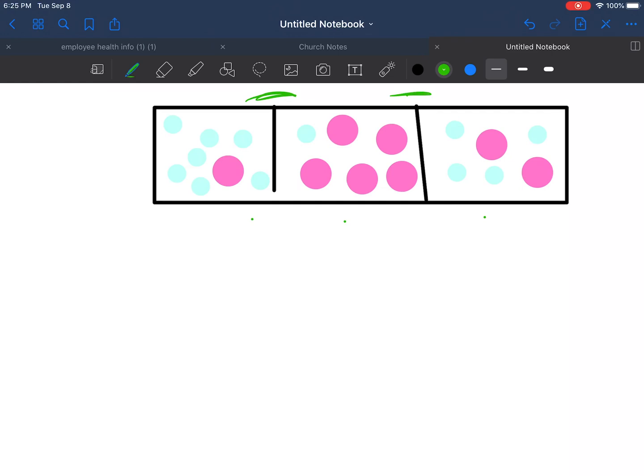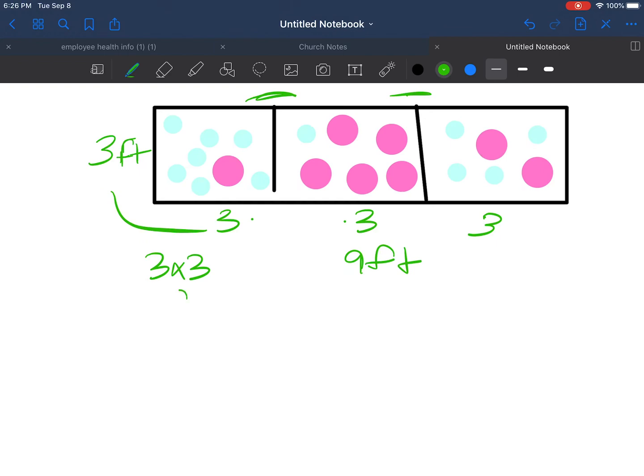Okay. So again, you're going to be counting things and say, this is 3 feet. Okay. We're going to use 3 feet. And this is 9 feet. Okay, and I know I did not draw these to scale, but we can just assume that this is 3, 3, and 3. So every one area is 3 times 3, or 9 square feet.